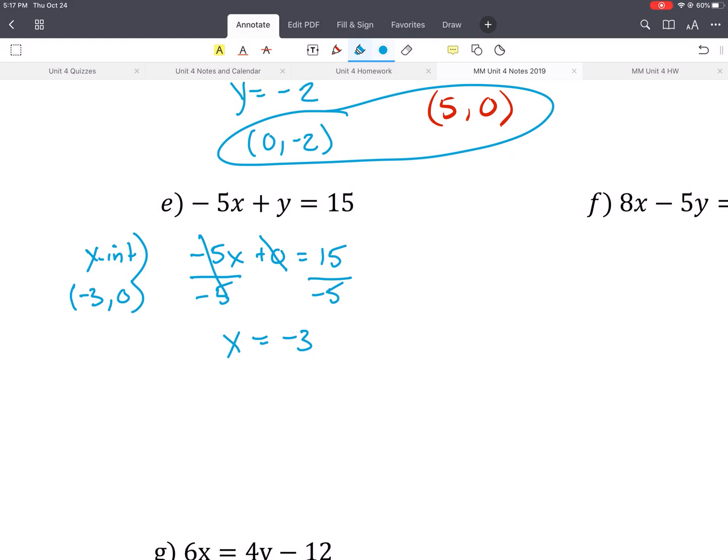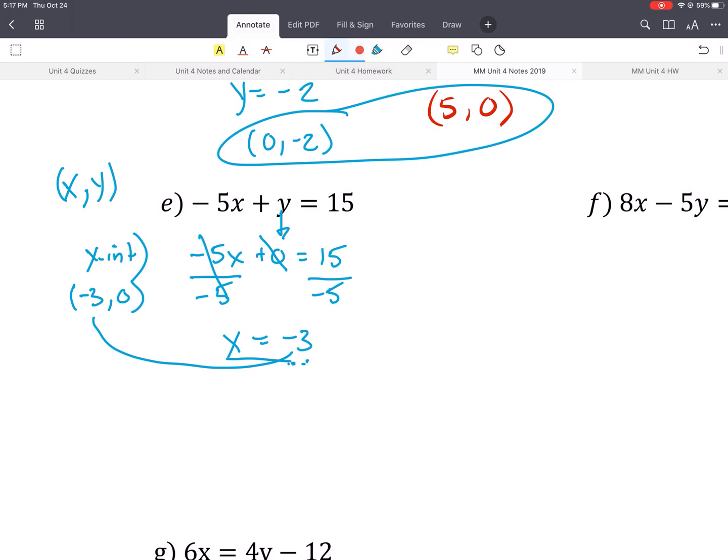And just remember, this goes here because for an ordered pair, or for a point, it's always x comma y. We just said that x is negative 3, and we used y equals 0 to be able to solve. That's why we have a negative 3 and a 0.